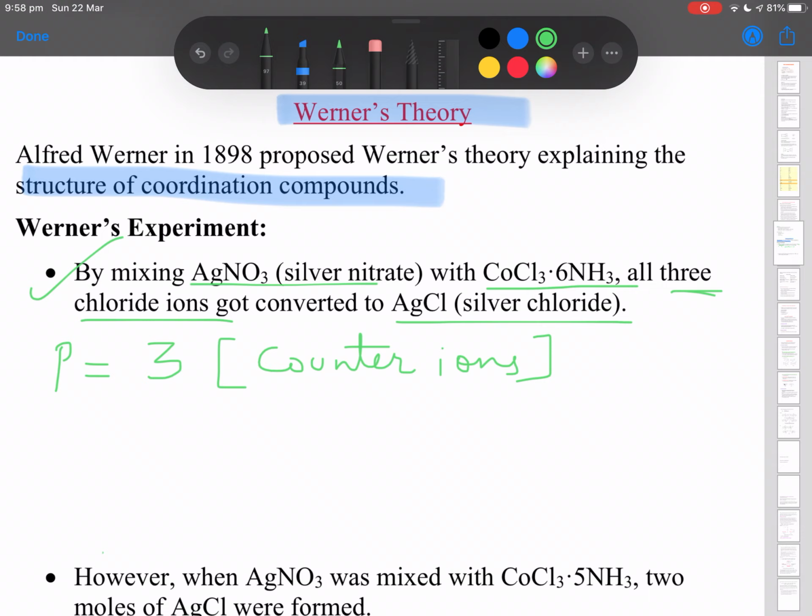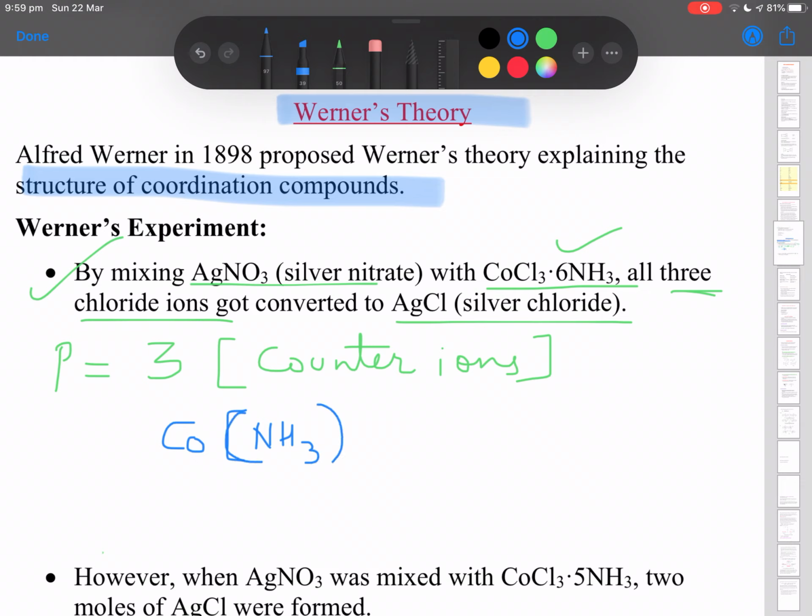So how can I write this structure in the form of the complex which I taught you? Be very careful to make a note of it. I'm going to write over here: Co, cobalt, is the central metal atom, and NH3 is the ligand.